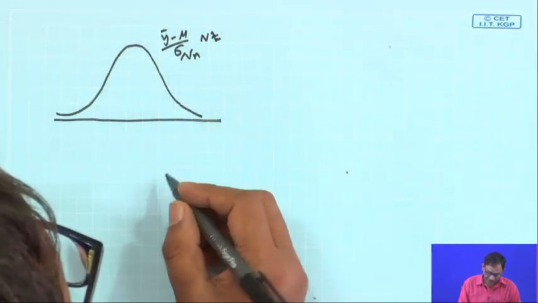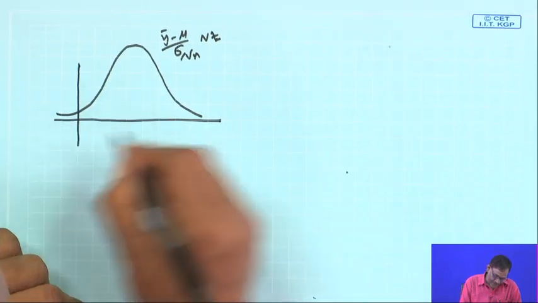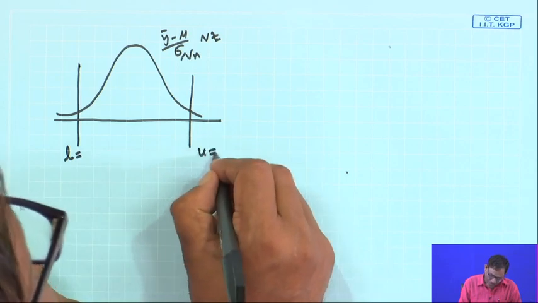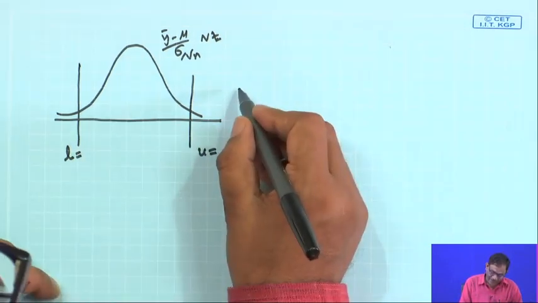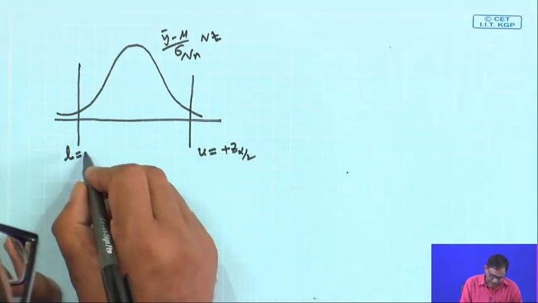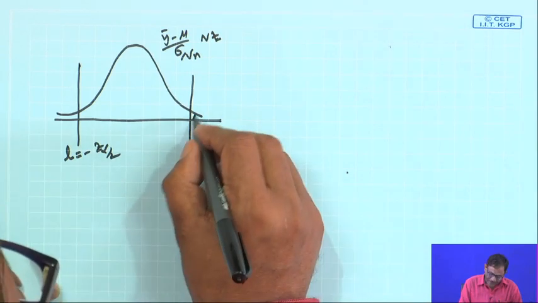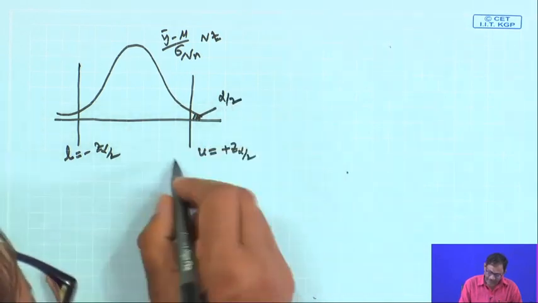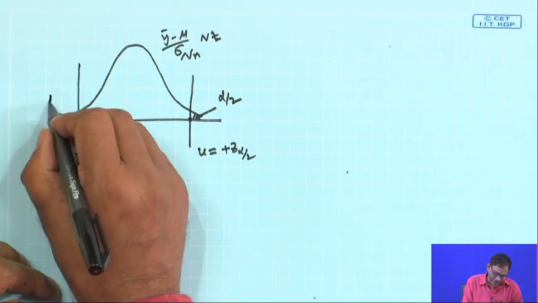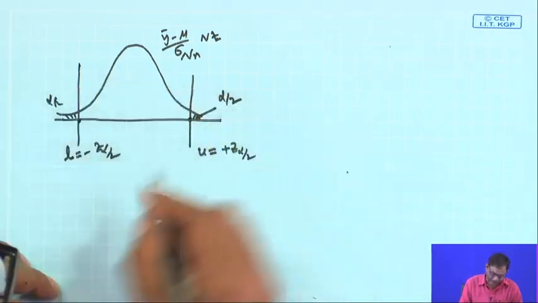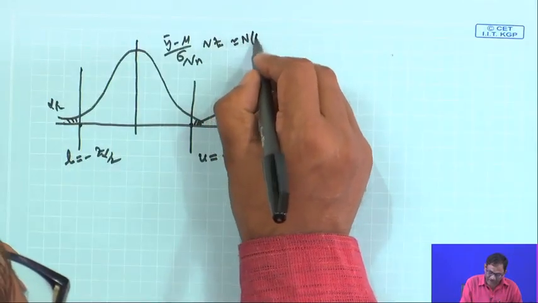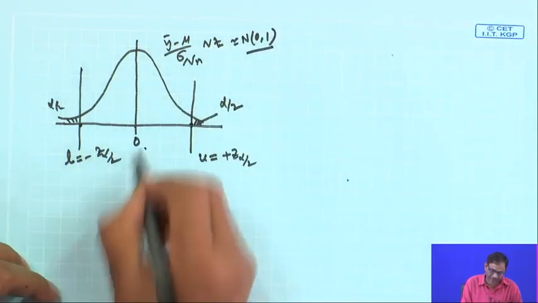You create an interval with a low limit and a high limit. With reference to the normal distribution, this will be plus z alpha by 2 and this will be minus z alpha by 2, where alpha by 2 is the area under the curve to the right of the upper limit. Similarly, this one is also alpha by 2, to the left of the lower limit, and the mean of this quantity, as it is unit normal, is 0.